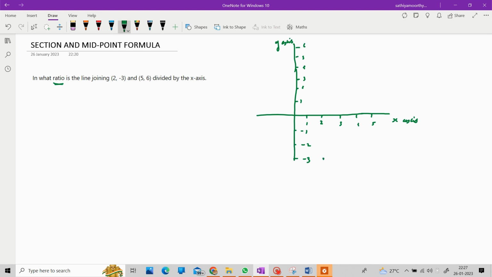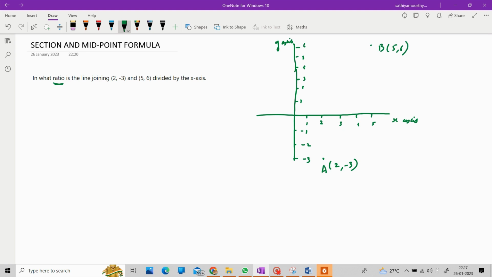2, minus 3 is the A coordinate. B is 5, 6, approximately here.